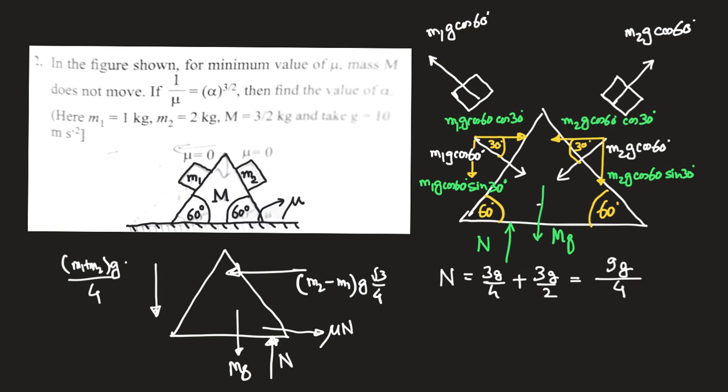So it is 9g by 4. Normal reaction is 9g by 4, and the applied force, say, this is called F.